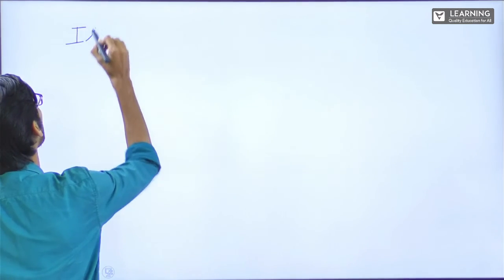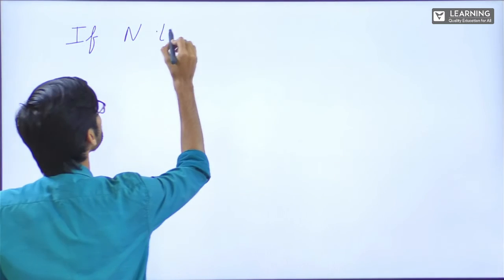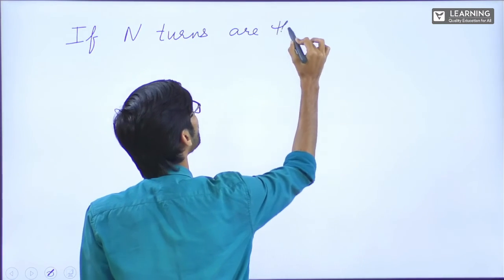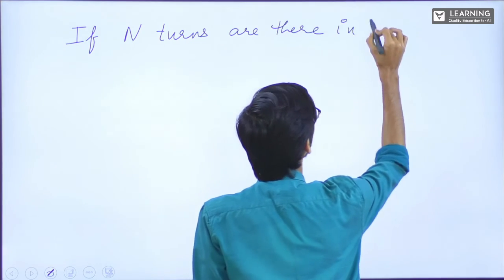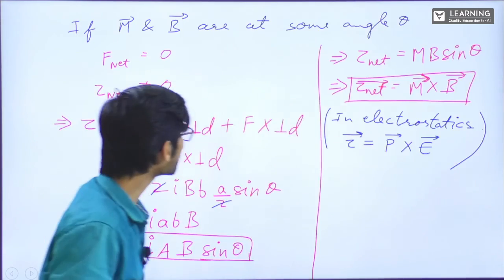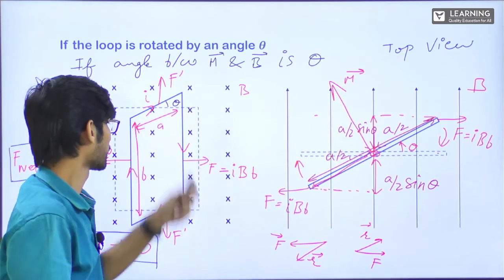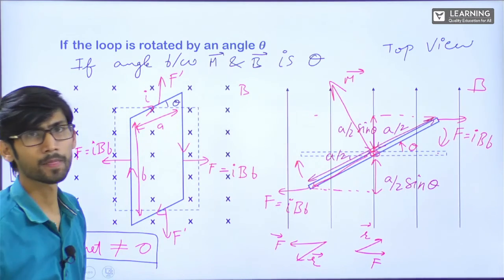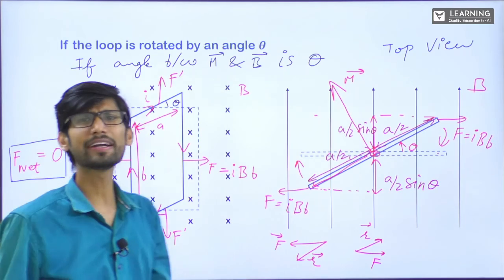Let's say n turns are there in the loop. Here what we have seen is for one turn. This loop is having only one turn. But now if n number of turns are there, very simple, the current will become n times.